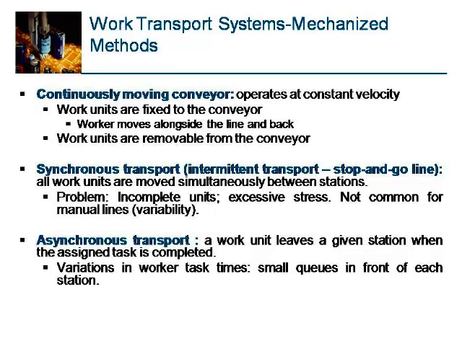Synchronous transportation, intermediate transport or stop and go line. All work units are moved simultaneously between the stations. That means all the work pieces will be moved and stopped, and the stop is for the time that the slowest worker takes to perform the operation. And again it moves.